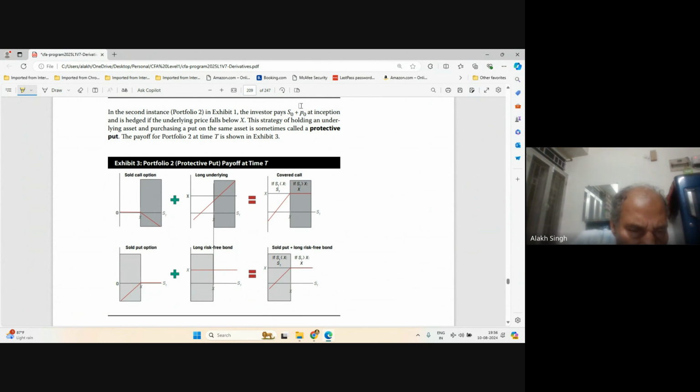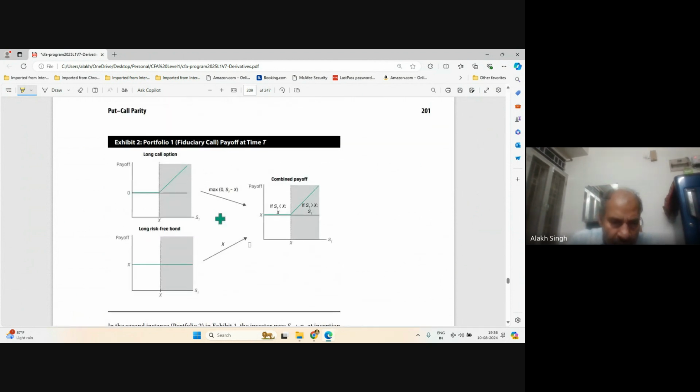Okay. So it is comparing two portfolios. One portfolio is the sold call option. Earlier this graph was for the bought call option, meaning we had bought the call as well as the risk-free bond.